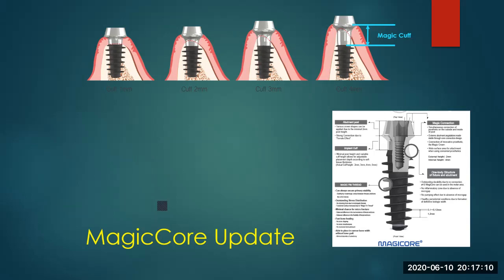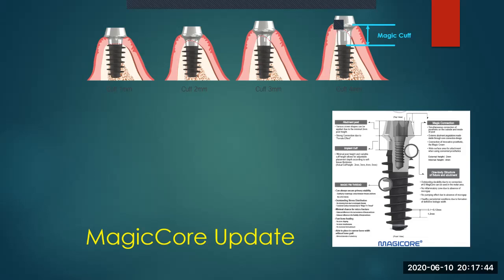There is an update with the dental implant design of IBS, which is the invention of the Magic Core implant. The Magic Core implant basically has two advantages from the clinical point of view. In fact, more than two, but mainly two. First advantage is that the gingival former and the dental implant become one unit.